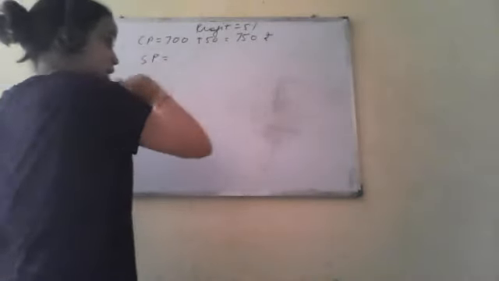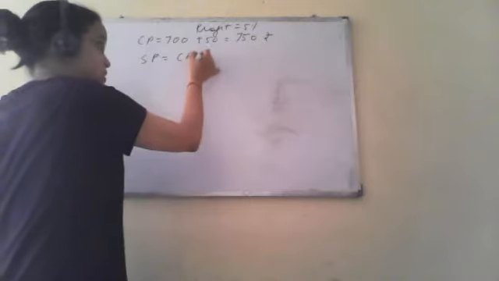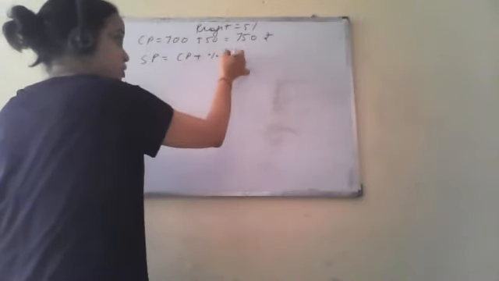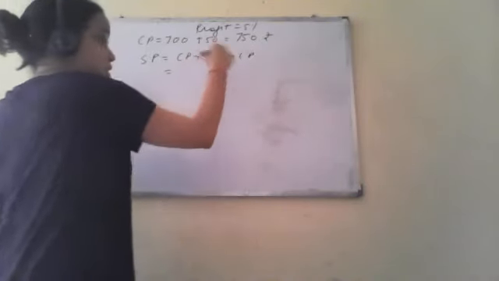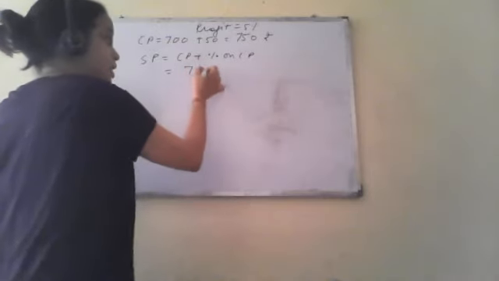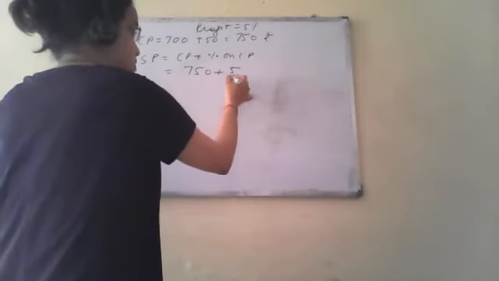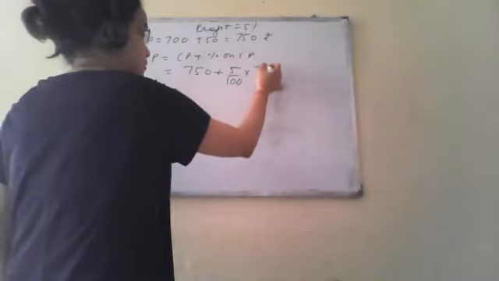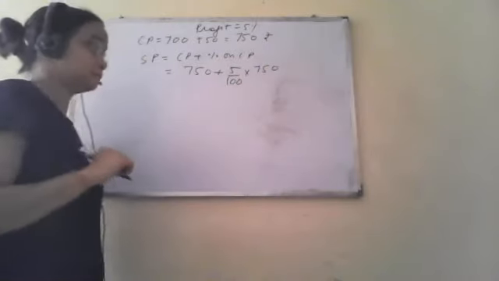So selling price, as I have told you, is cost price plus percent profit on cost price, that is 750 plus 5% of 750.